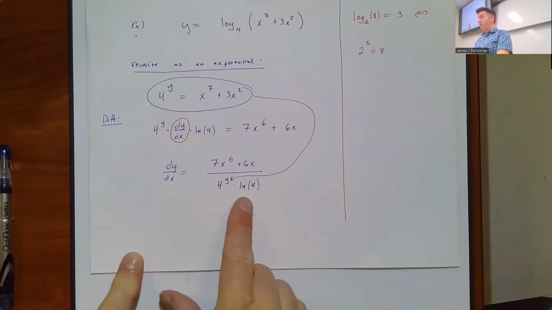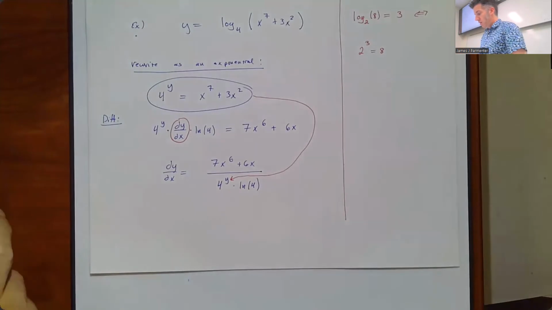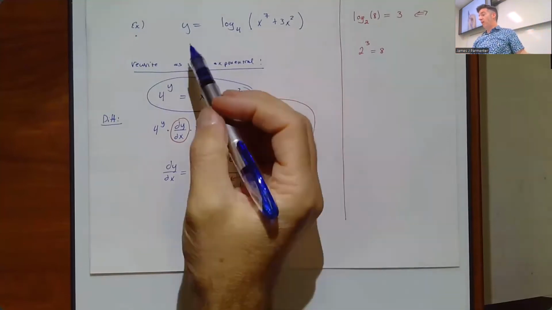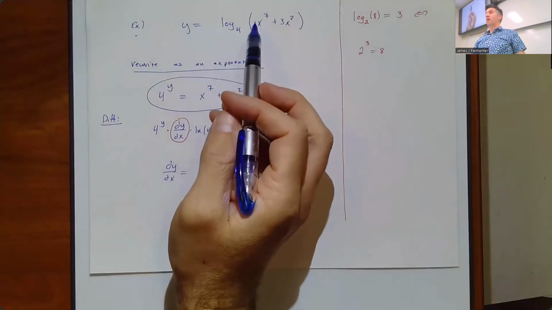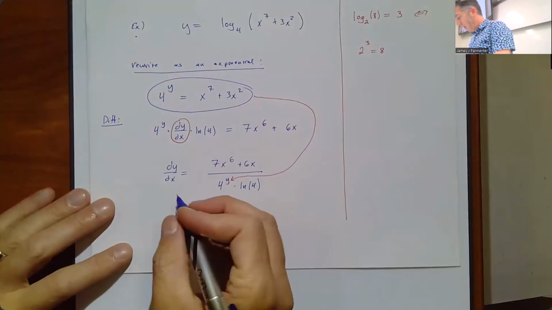So for our derivative to have a y in it means we can't be done yet. We have to keep going until we're able to write it just in terms of x. That's not true if it's implicit, like in a normal implicit problem where you've got x's and y's jumbled together. It's totally fine for your derivative to be in terms of x and y. But if you're starting off with y as a function of x, we should be able to write our derivative as a function of x without y's in it.